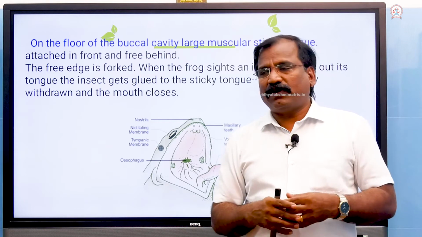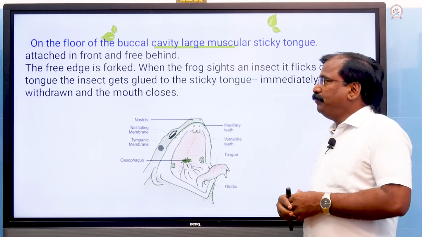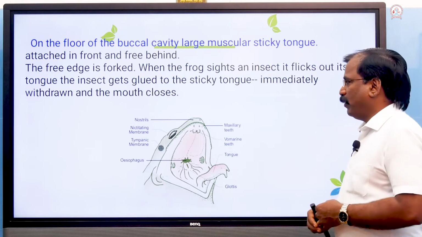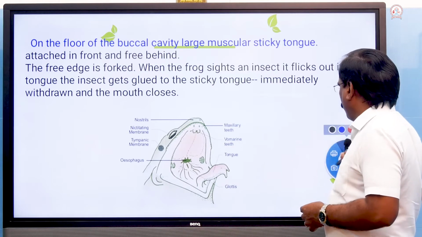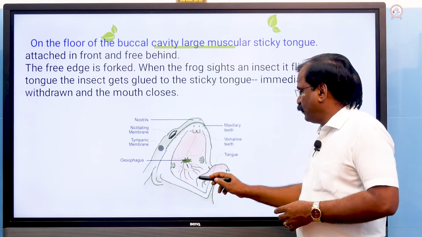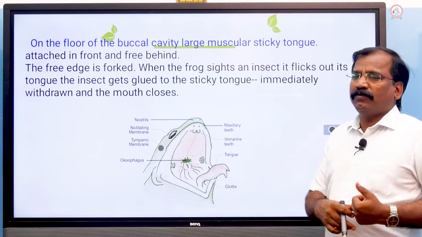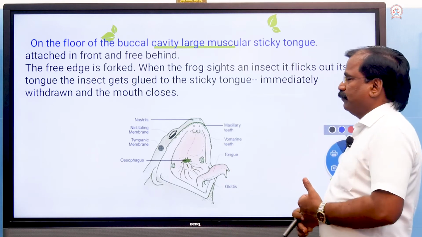Mainly, there is a long, sticky tongue. The buccal cavity has a large muscular bifid tongue.